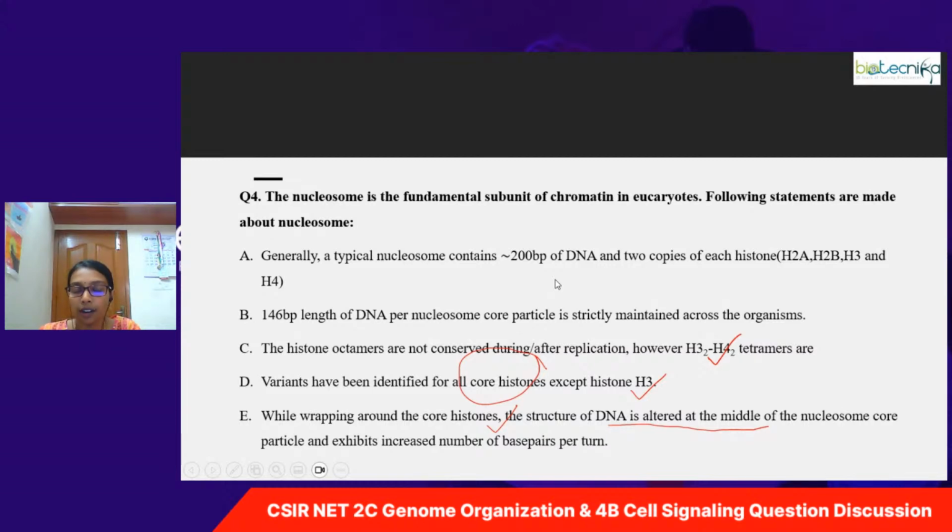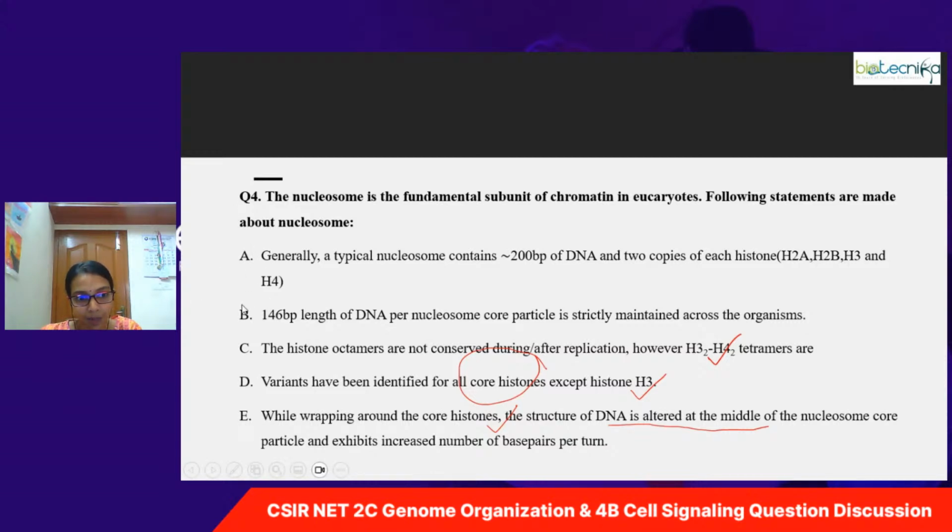Because if you are connecting it with linker histones, as I told you, the numbers will be varying. So they have just given an approximate figure. 146 is present per nucleosome, is strictly maintained across the organisms. So is it possible that A and B both can be correct? 146 base pairs per nucleosome is strictly maintained across the organisms.